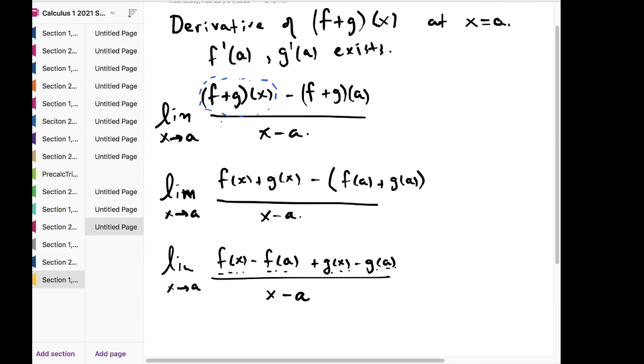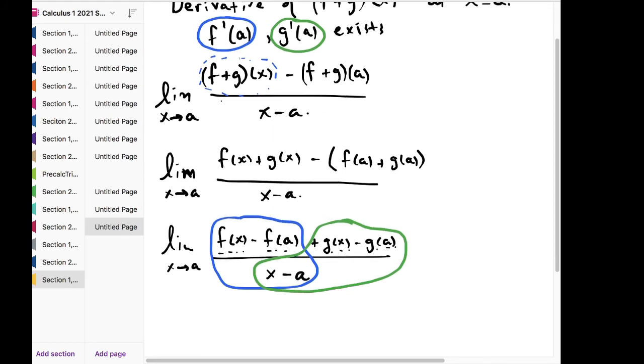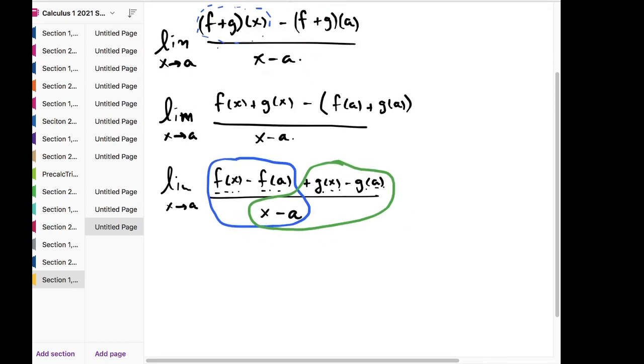However, let's look here. Do you see f prime of a and g prime of a anywhere? This looks a lot like f prime of a, right? And this looks a lot like g prime of a. Right, we separate them, we want both of them under x minus a.